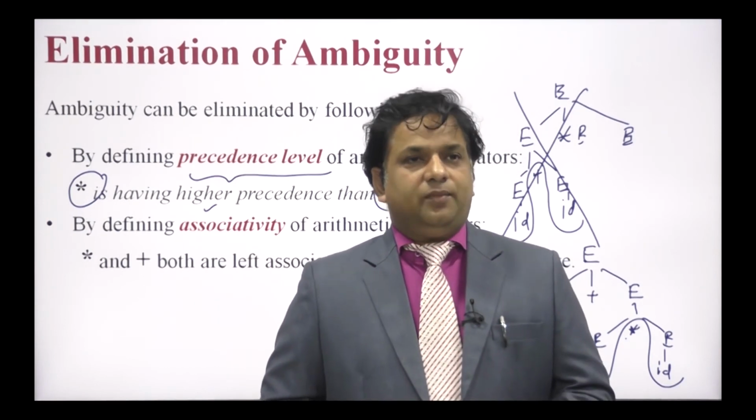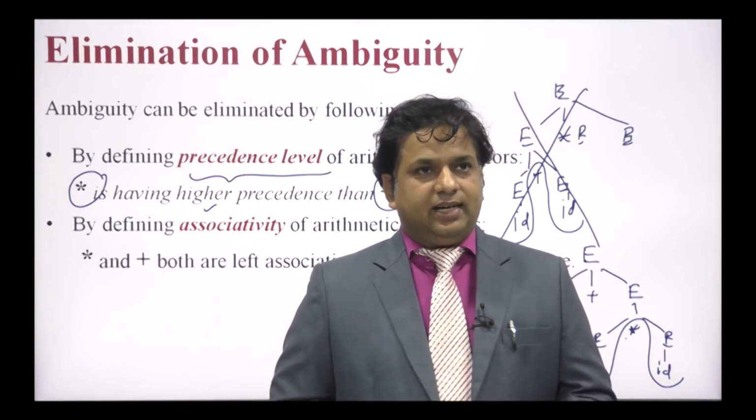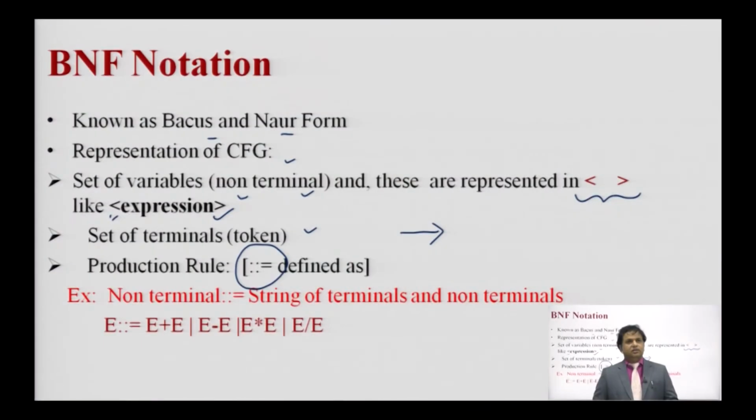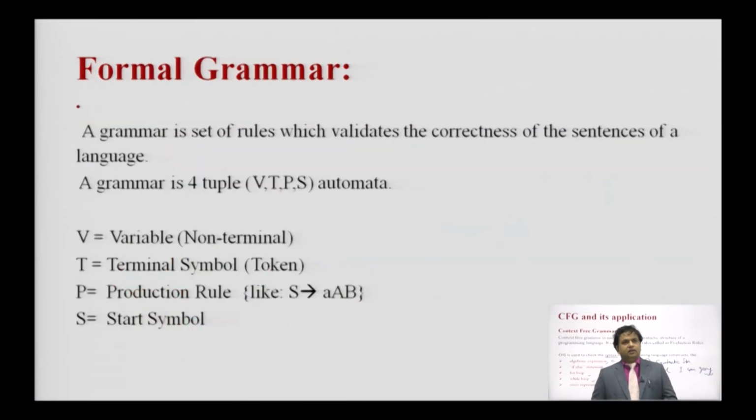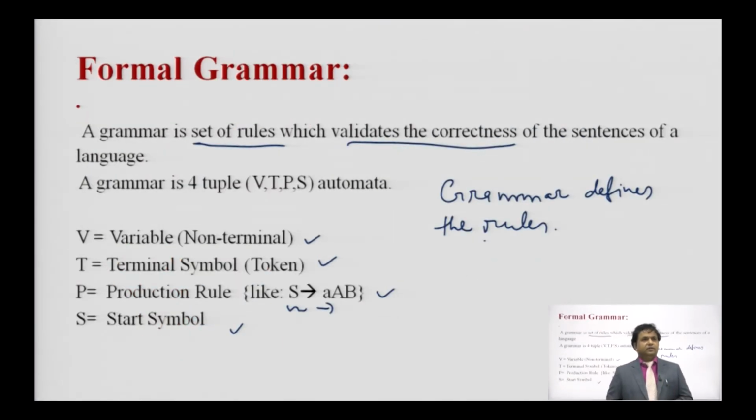So, what we have discussed today, starting from the first lecture, we discussed the definition of the formal grammar, which is the set of rules which validates the correctness, and at the same time it also decides the error. If it is not acceptable, then it also decides the error.